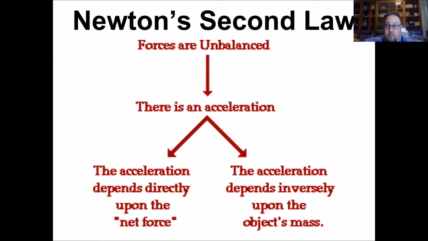If one force overcomes the other or is greater, you have an unbalanced force, so it's going to accelerate in the direction of that unbalanced force. And also, according to Newton's second law, the acceleration depends inversely upon the object's mass. So I'm going to talk a little bit about the algebraic relationship between F equals ma and how that affects the outcomes.